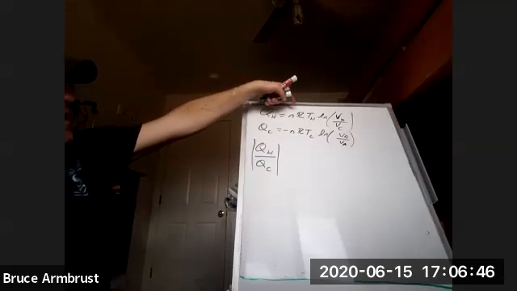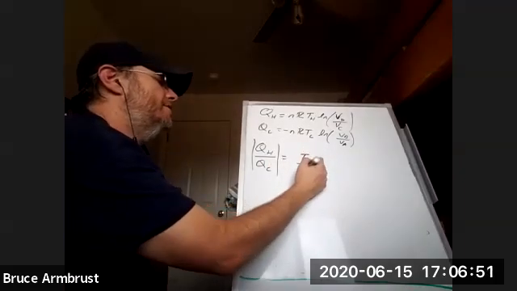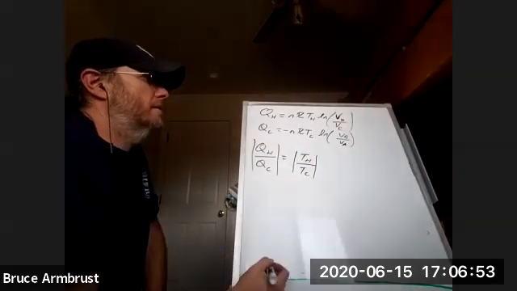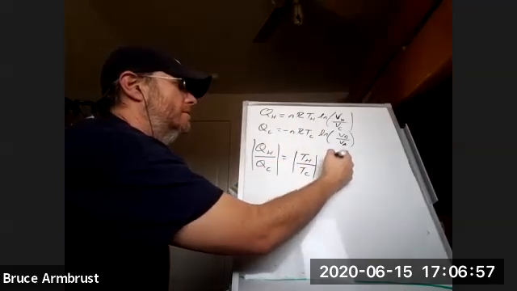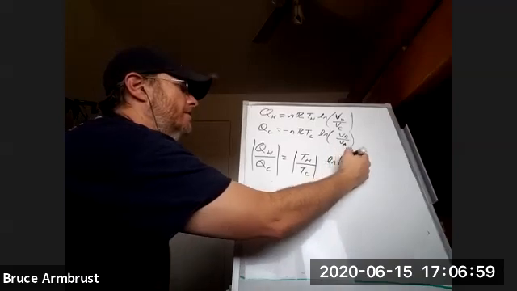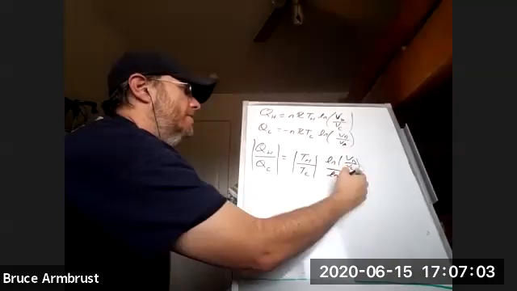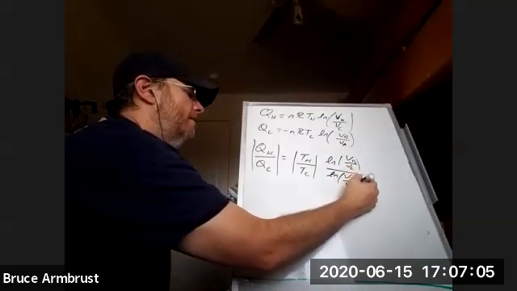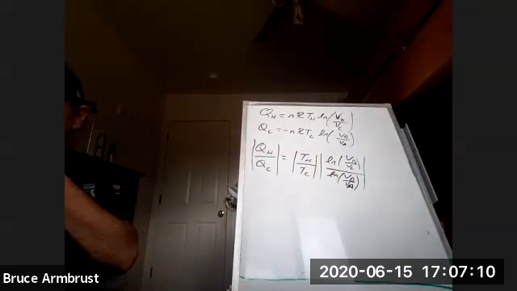So the N's are going to cancel, the R's are going to cancel. We're going to get TH over TC, and then we're going to have these natural logs: natural log of VD over VC divided by the natural log of VB over VA. And we'll throw those in absolute values for right now.